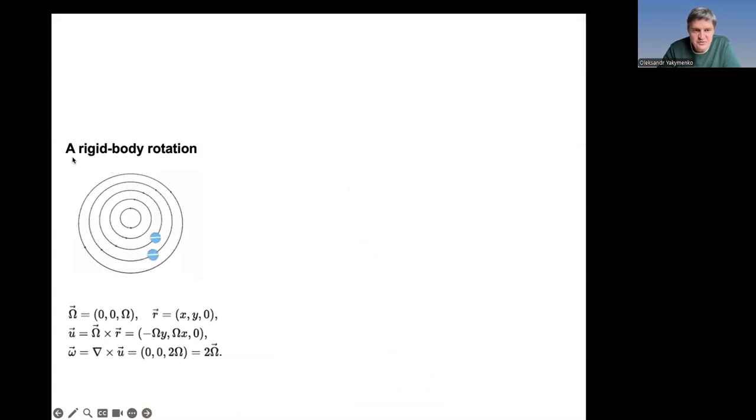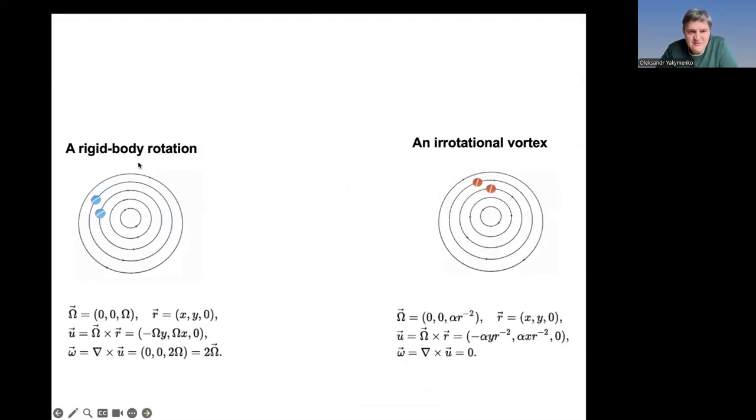Just to understand what the main difference is between just rotation and vortex flow, let me show these plots, which I have borrowed from Wikipedia. This is rigid body rotation, which is quite familiar to you.